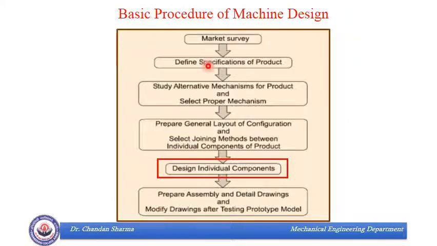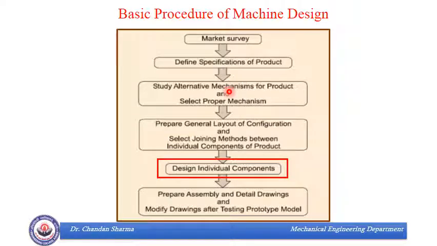Say, for example, we need to design a bearing. So for what purpose that bearing will be used, we need to define that. Then for the machine or machine element which is to be designed, we need to understand what the mechanism of working will be and what the available options are.